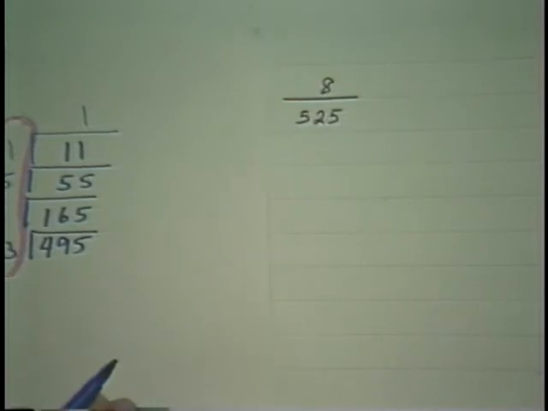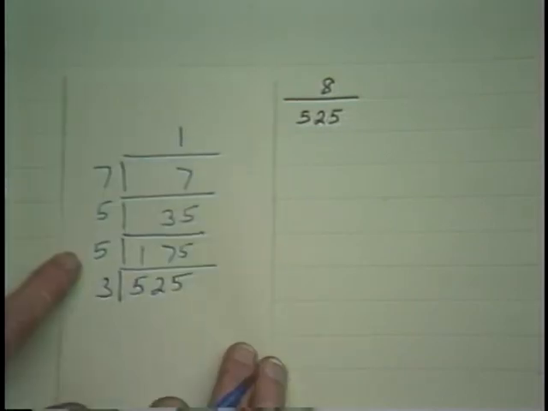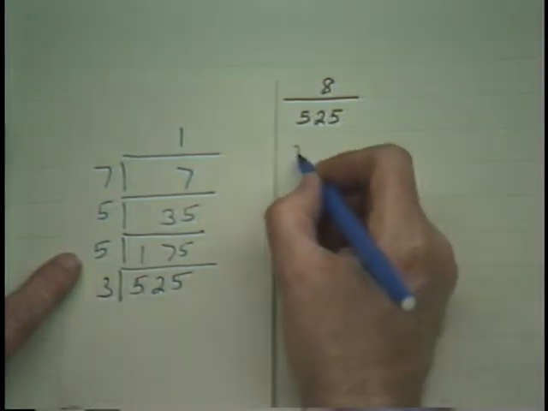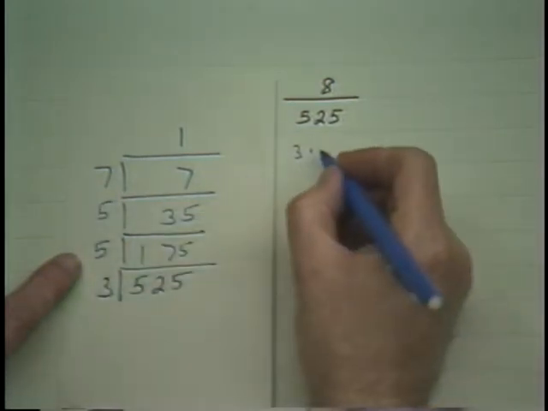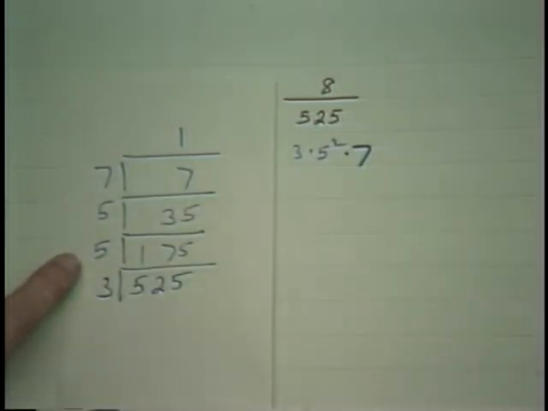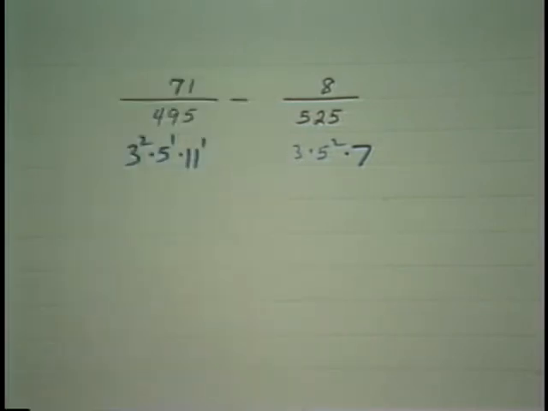Now let's do the same thing to that denominator, and we get this, which we write as 3 times 5 squared times 7. Now, of course, naturally, this division takes a little bit of time, but not that much.